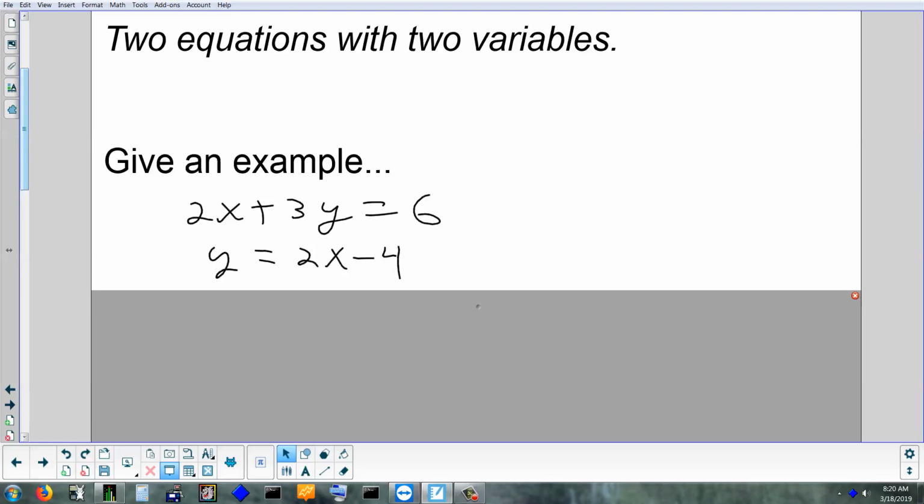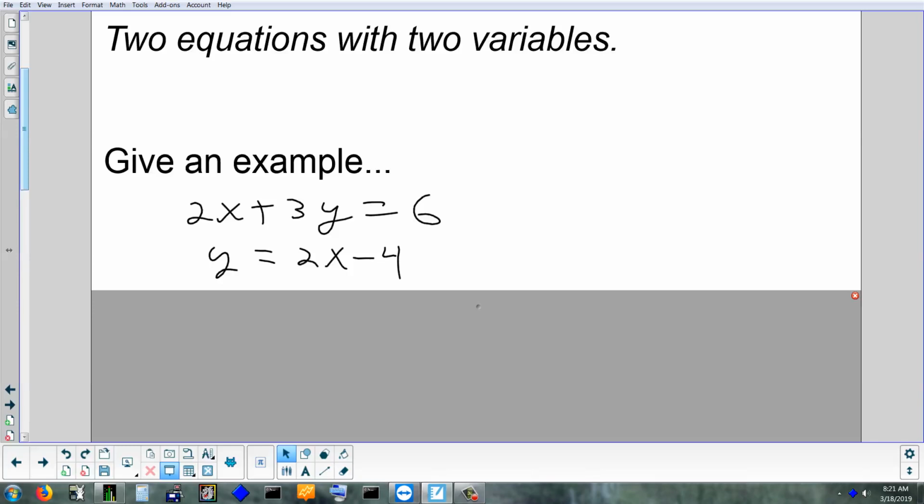Perfect. Now, the equation that Dave just gave me, y equals 2x minus 4, I would say based on what he just said, this is set up for substitution. What am I looking at here that tells me this is probably ready for substitution, versus what we did last week? When you're doing substitution, you always look for what? And we did this in the first problem on the warm-up.